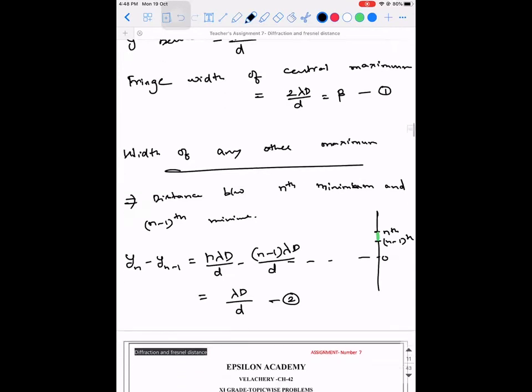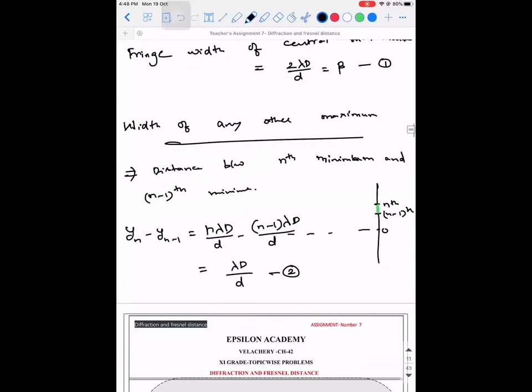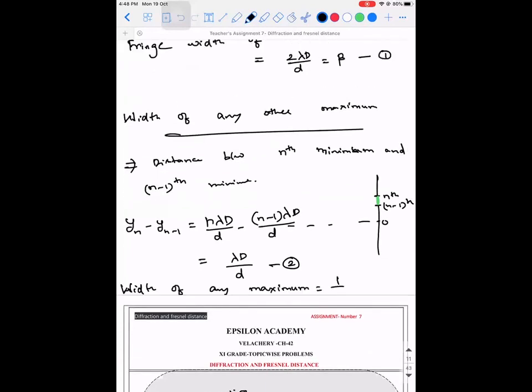Can I say the width of any maximum is half of the width of the central maximum, or vice versa? The width of the central maximum is 2 times the width of any other maximum. This might be a 1 mark question that they can ask.